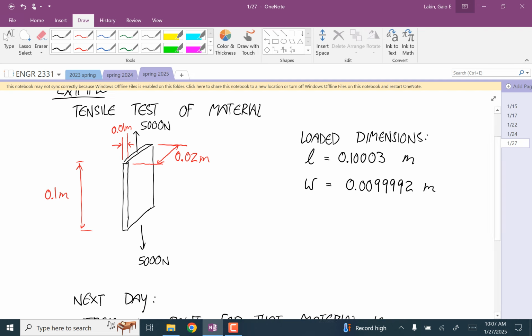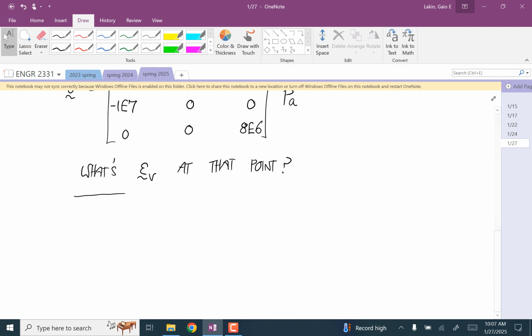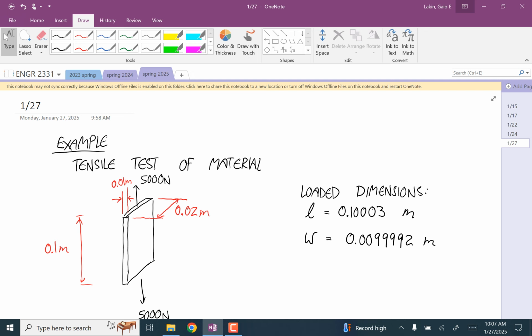I'm going to call X this way, Y this way, and Z this way. So the two measurements that we have are the X and Y dimensions.